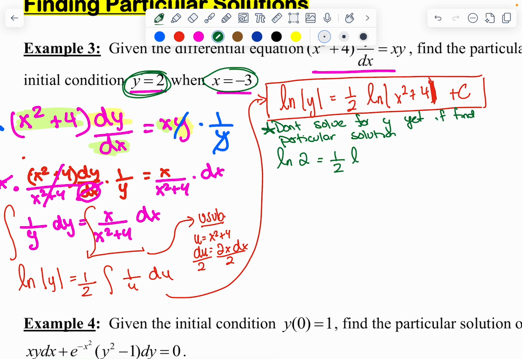And then here we got ln, again, -3 squared plus 4 plus c. So ln of 2 is equal to 1/2 ln of 13 plus c, and I can eliminate those absolute values because -3 squared is 9 plus 4 is going to be 13.